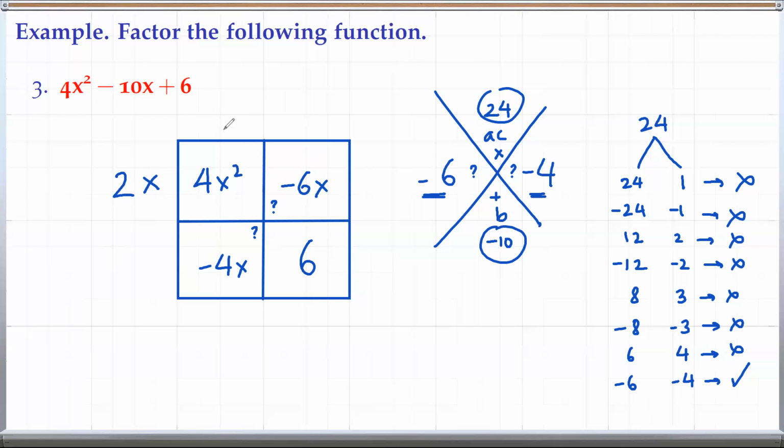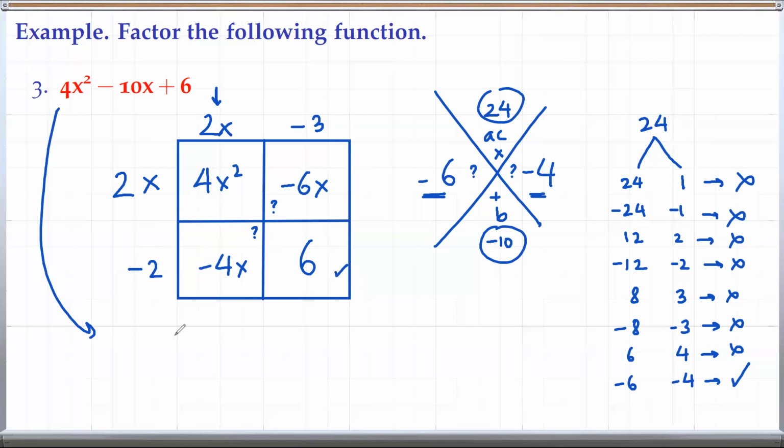So 2x times what will give us 4x squared? That goes over here. 2x times 2x is 4x squared. So we put 2x here. 2x times negative 3 gives negative 6x. So we put negative 3 over here. Now we look at this 2x. 2x times negative 2 will give us negative 4x. So that negative 2 goes over here. And the last one is just checking. Negative 3 times negative 2 is 6, which is good. So we have the factors now.